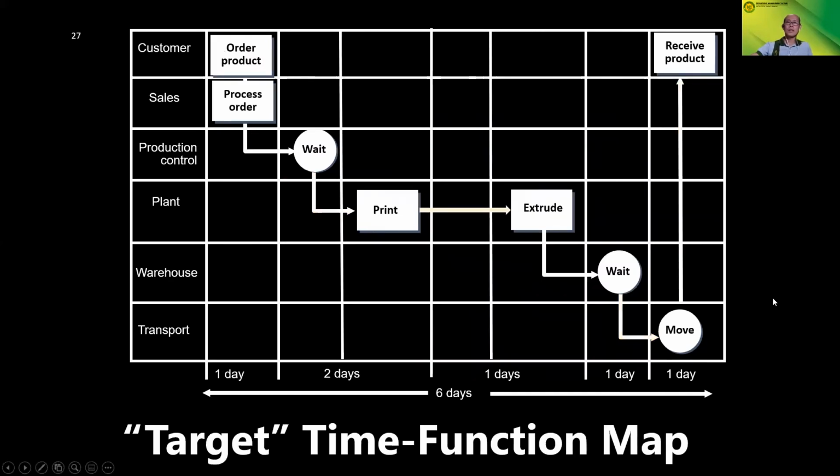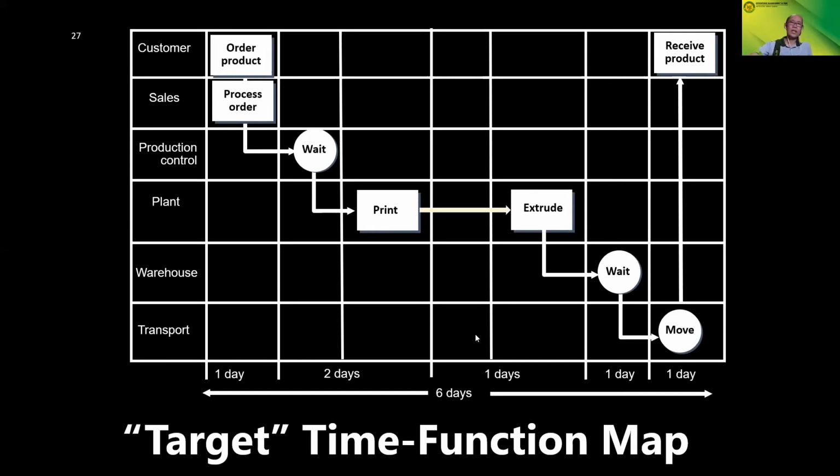Okay, this is the improved function map, and in this illustration we can already see the improvements in the process when wastes were eliminated, and it significantly reduced the processing time from 52 days to 6 days. So a whopping 46 days saved, that's 46 days improved processing time.